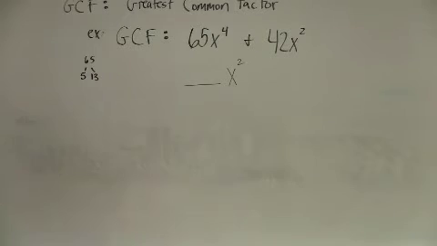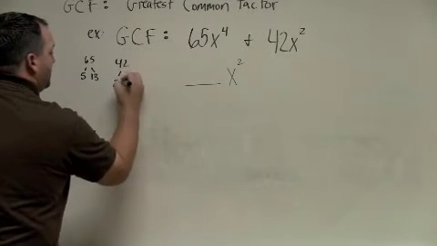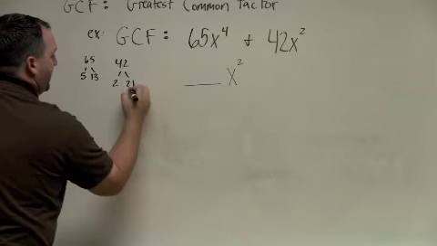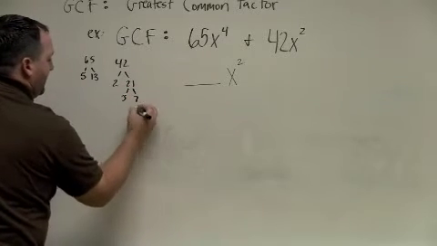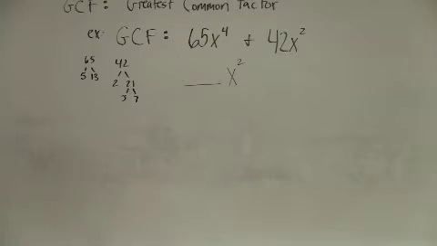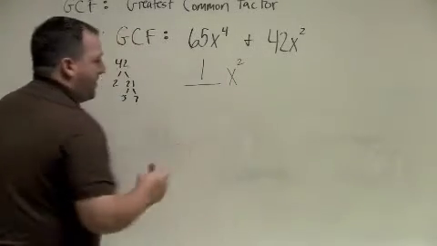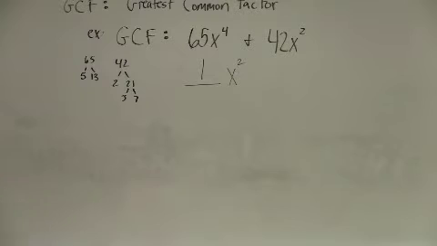And both of those are prime, right? Alright, 42. 2 times 21. 3 times 7. And that's all prime as well. Do we have any matches? We don't have any matches, do we? So, no matches. What goes in the blank is actually a 1. 1 is a factor of everything, correct?